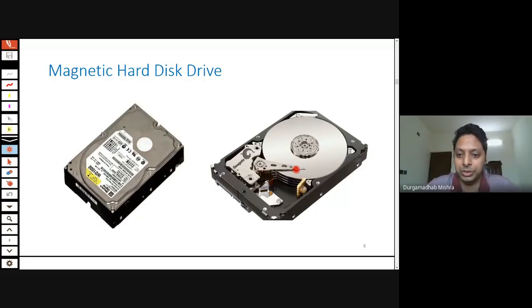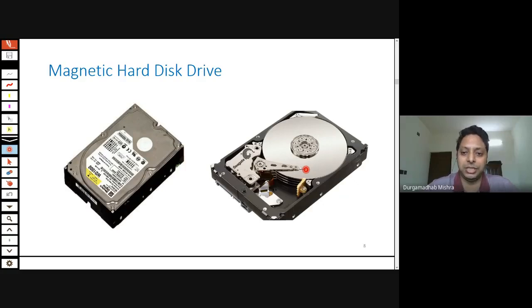This circular disk part is where you store your memory. And this long arm is known as the read head and write head, so you can read and write the information that you want to store or save. This tiny part at the front carries your read and write head.